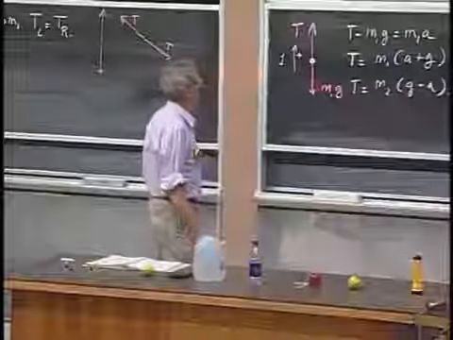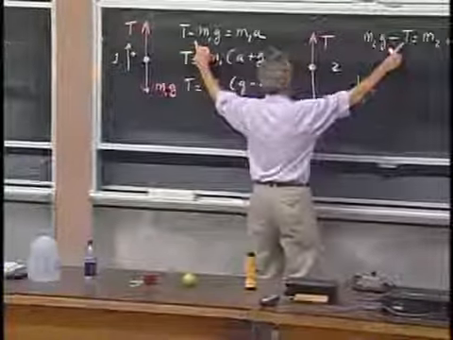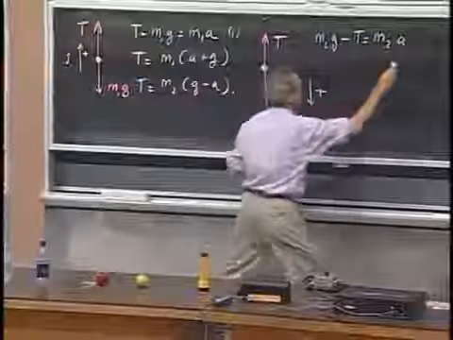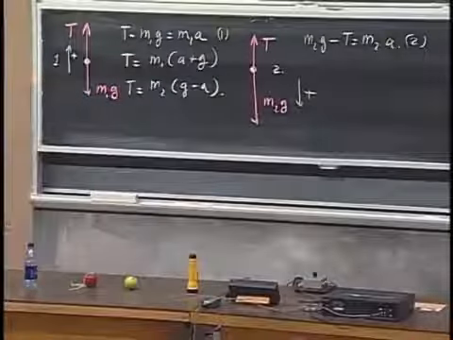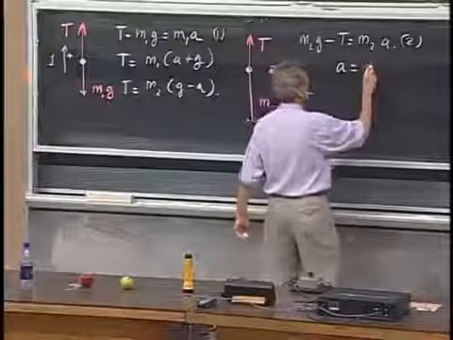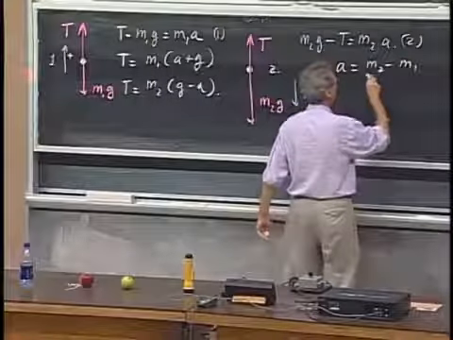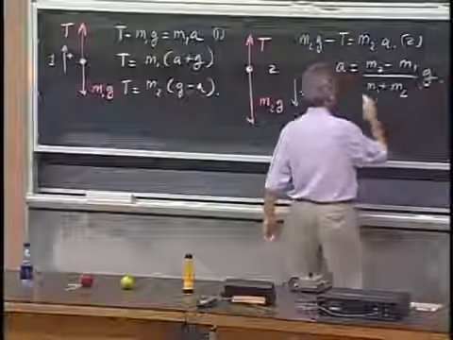You can immediately eliminate T, by the way. If you add this one with this one, you're ready. I call this equation 1, and you call this equation 2. You immediately lose your T, and you get that the acceleration, a, equals m2 minus m1, divided by m1 plus m2 times g.